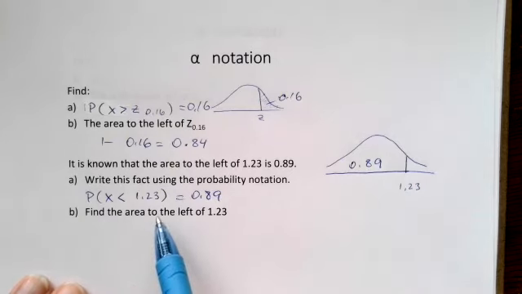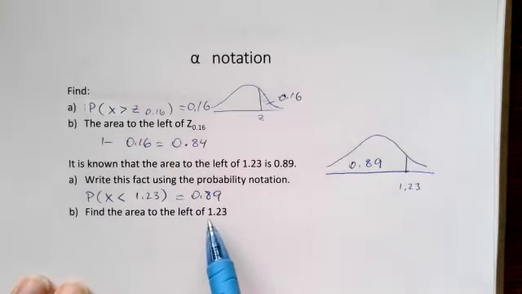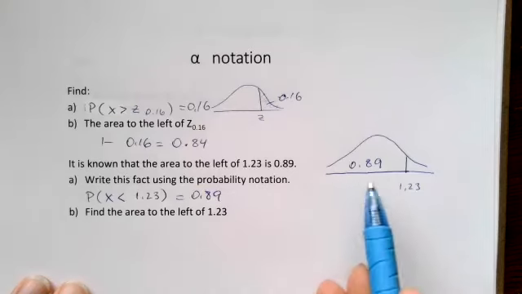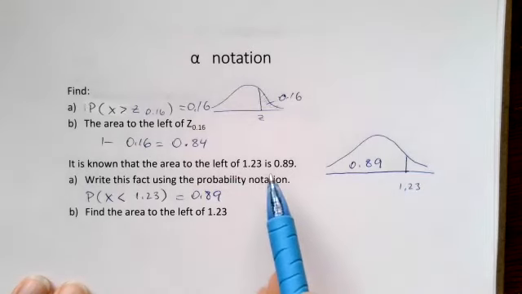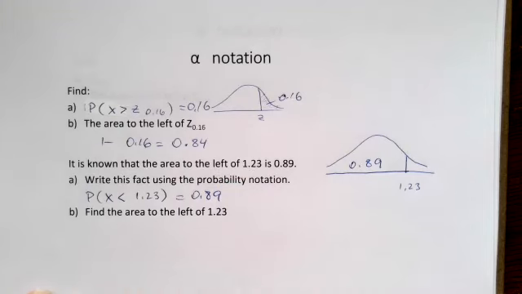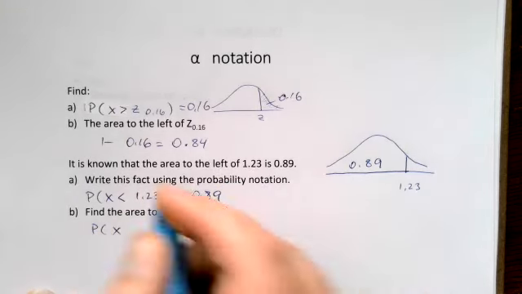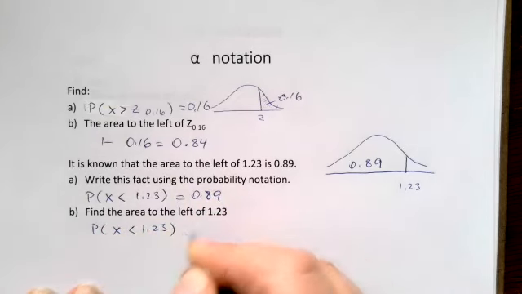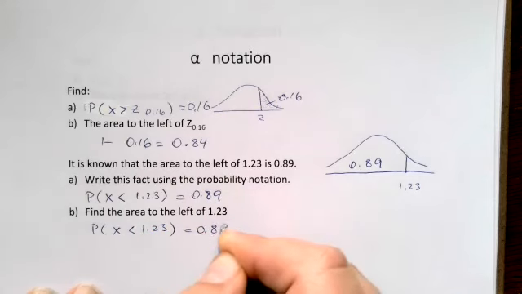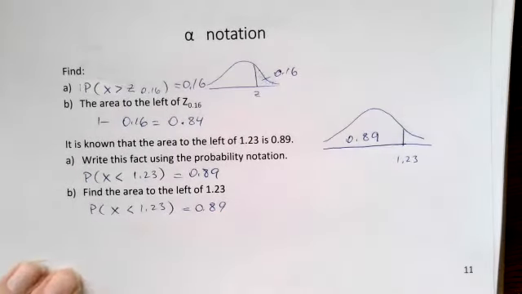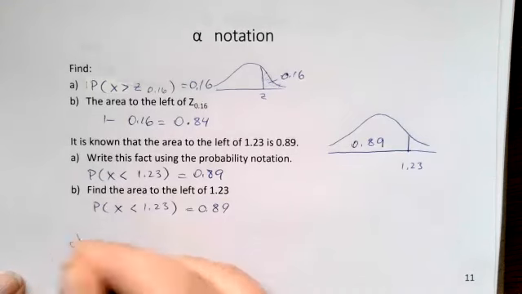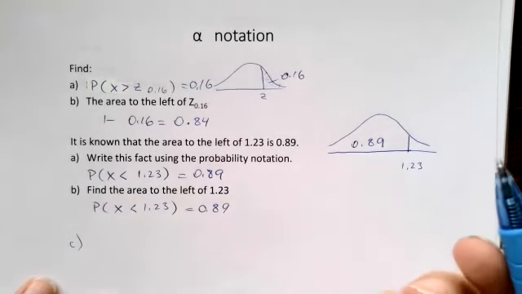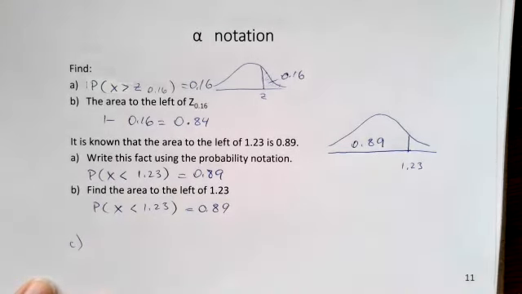Question B, find the area to the left of 1.23. Well, we're given that area, right? So the probability that x is less than 1.23 is 0.89. And as a bonus question, let's find the probability, the area to the right.